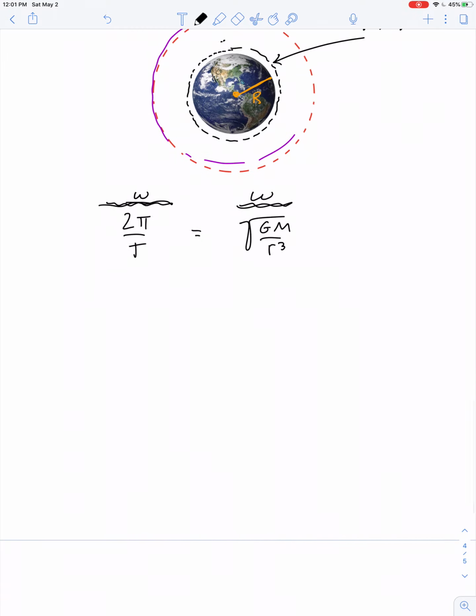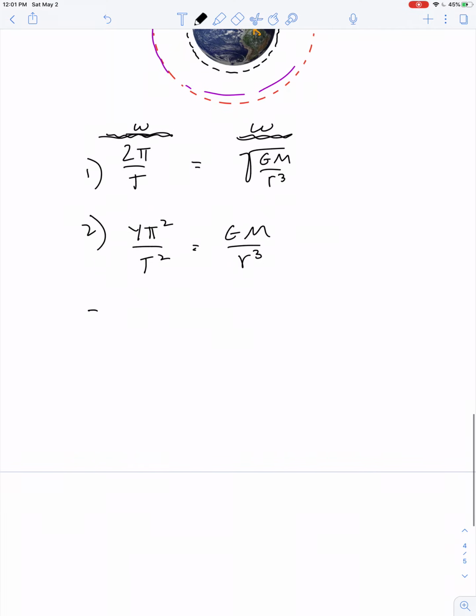If we square both sides of the equation, we get 4 pi squared over T squared is equal to GM over r cubed. So let's invert both sides of the equation, and then multiply both sides by 4 pi squared to cancel it out.